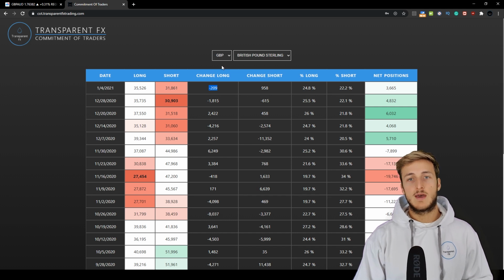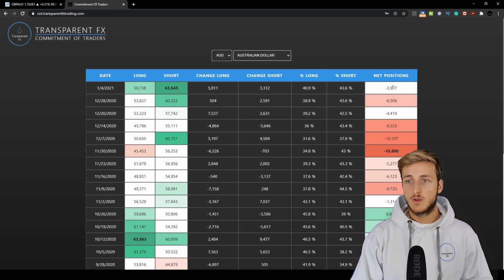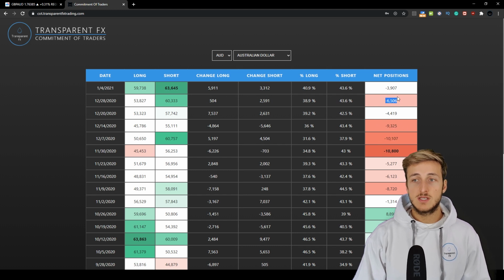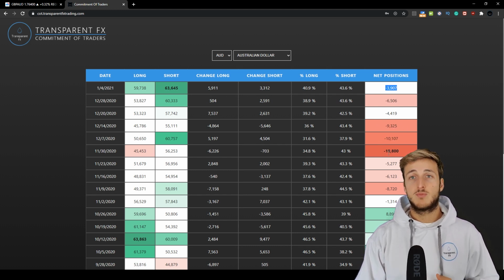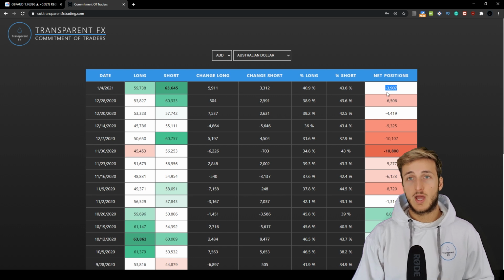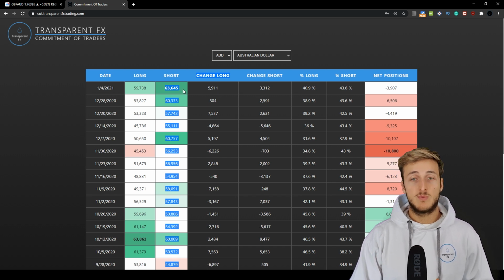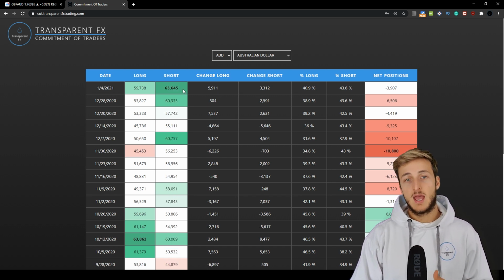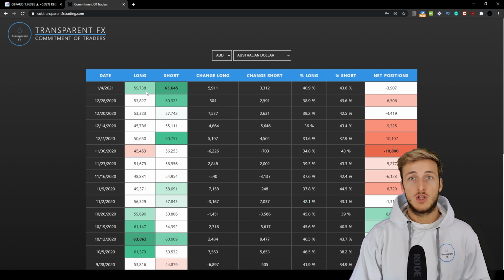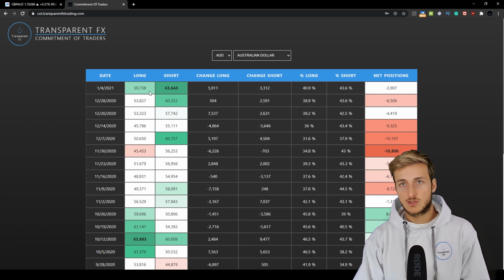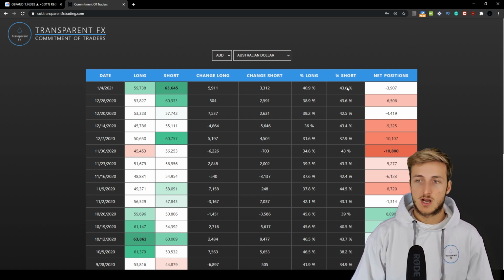If we go and see what we have from an AUD perspective, overall on the AUD, net positions have started increasing. We went from having minus 10.8K net positions all the way up to having minus 3.9K net positions, with shorts reaching 63.6K. However, at the same time, longs are getting increased more than shorts, and that is why net positions are increasing.